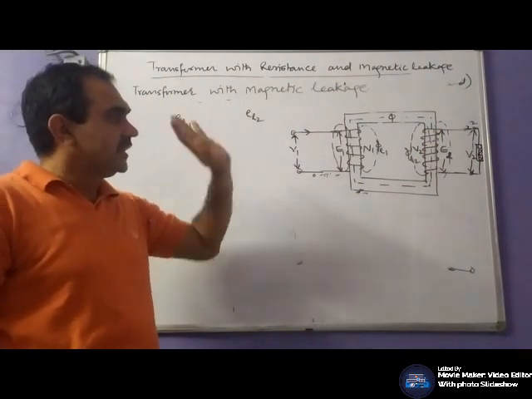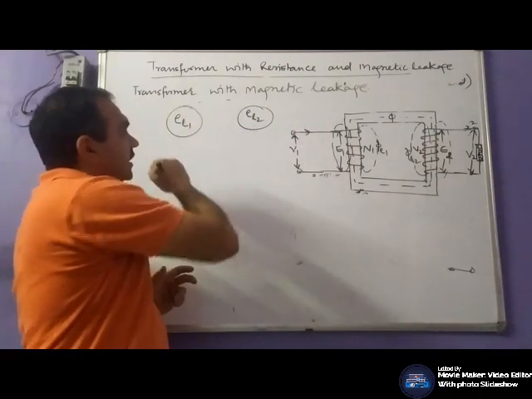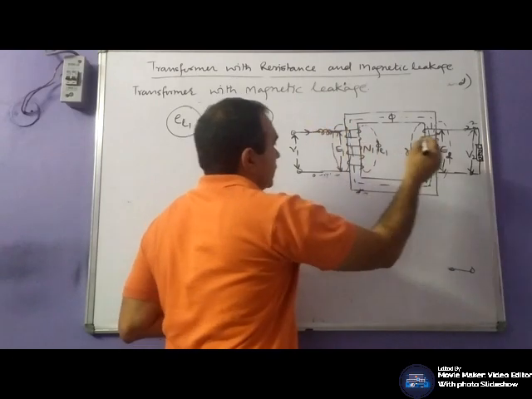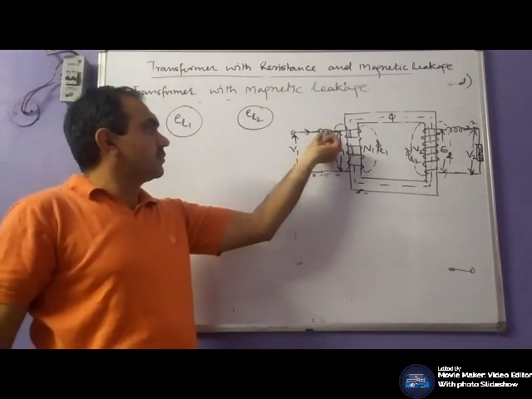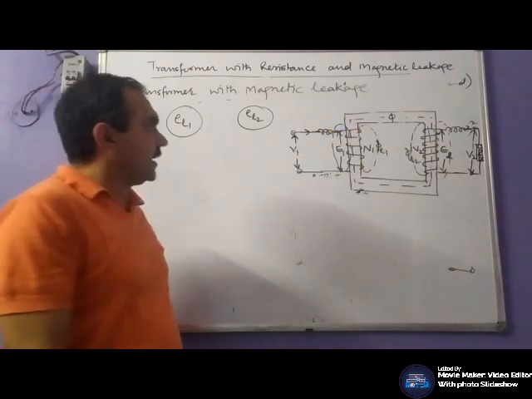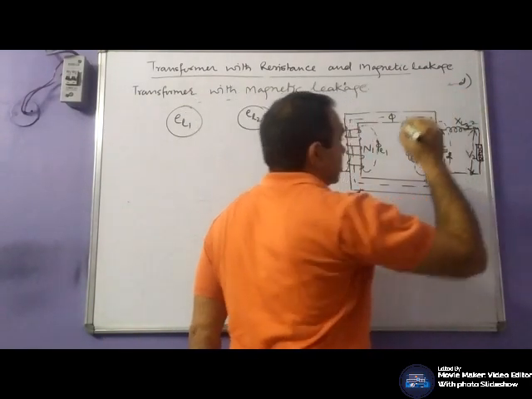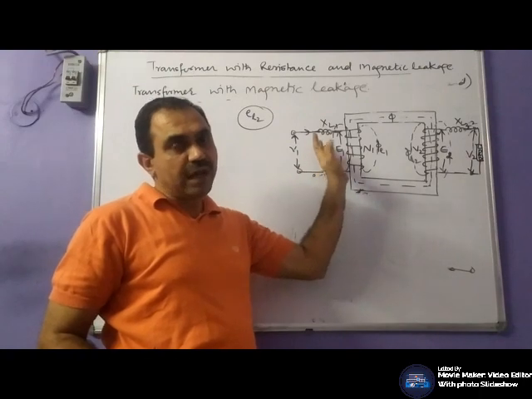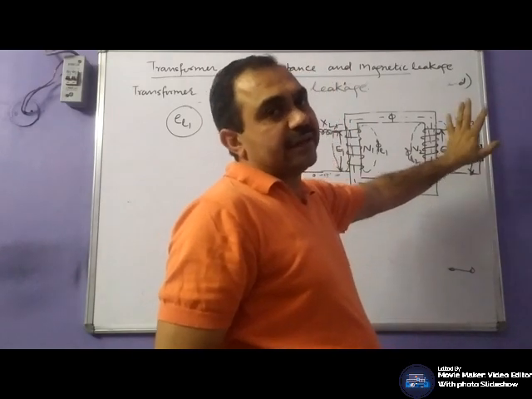These EMFs may be considered a voltage drop across the coil, and that is done by reactance, which causes the voltage drop across the primary winding XL1, and XL2 causes the voltage drop across the secondary winding.